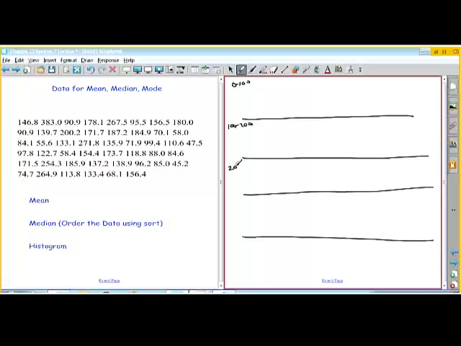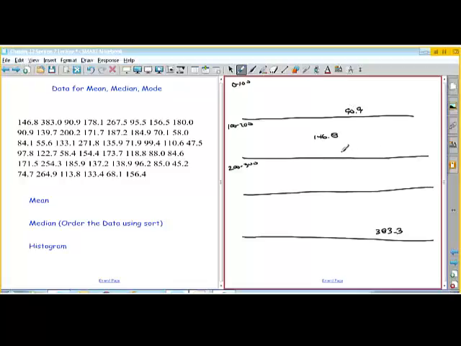I'm going to do a preliminary sorting, and then a more complete sorting once I get going. So I'm really rewriting these to some extent. The numbers that are in the middle, I'm going to put in the middle, okay? So 383 would be maybe like this.